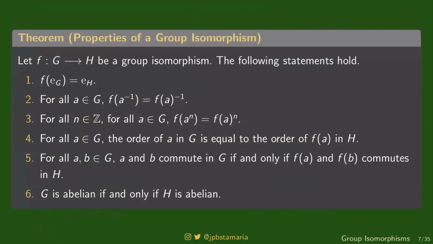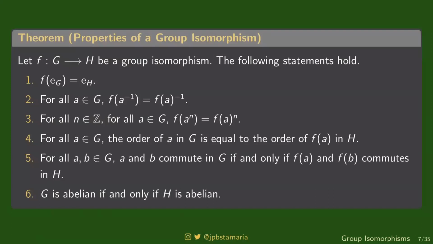Now, group isomorphisms in general are basically functions. And as functions, they follow certain properties, not because they are functions, but because they are isomorphisms. For example, I have listed here 6 properties of group isomorphisms that you might be interested in.